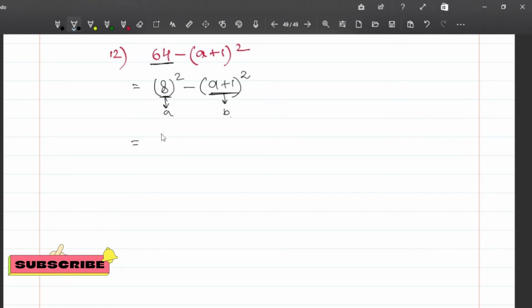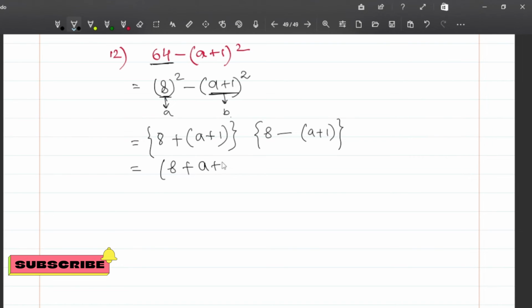Now expand. a means 8 plus b means a plus 1 multiplied with 8 minus a plus 1. Now open the bracket, just open up and do the calculation. 9 plus a, 7 minus a.